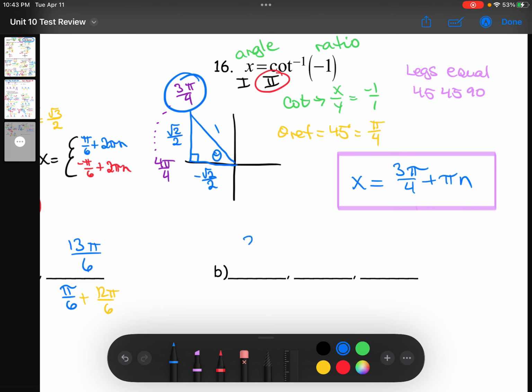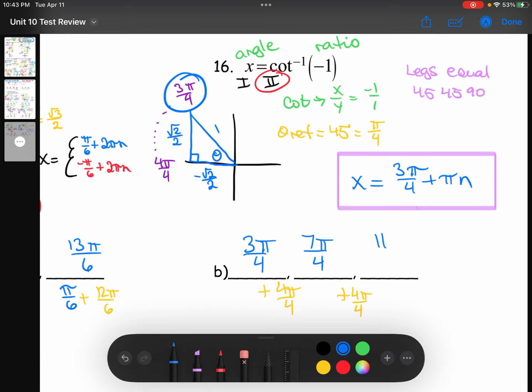So that first solution is 3 pi over 4. To get the next solution, we add the equivalent of pi, so 4 pi over 4. And that next solution would be 7 pi over 4. Add another 4 pi over 4.